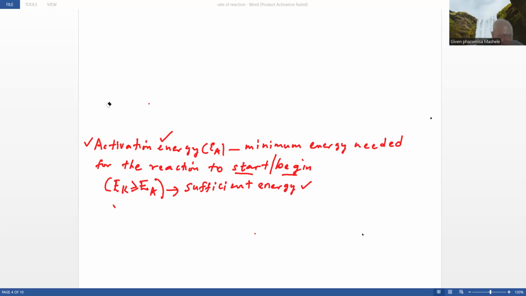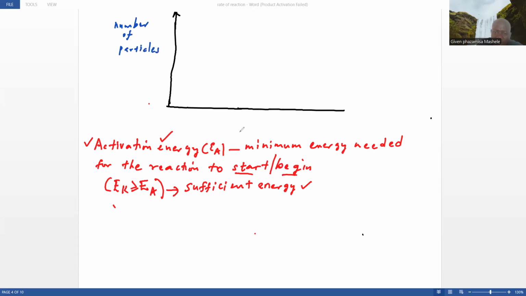So I'm going to draw a graph here and explain it thoroughly. This is the graph, the Maxwell distribution curve, and it's very important to know this curve. On the y-axis, we put the number of particles, the number of molecules or reacting particles. On the x-axis, we have the energy or the kinetic energy.